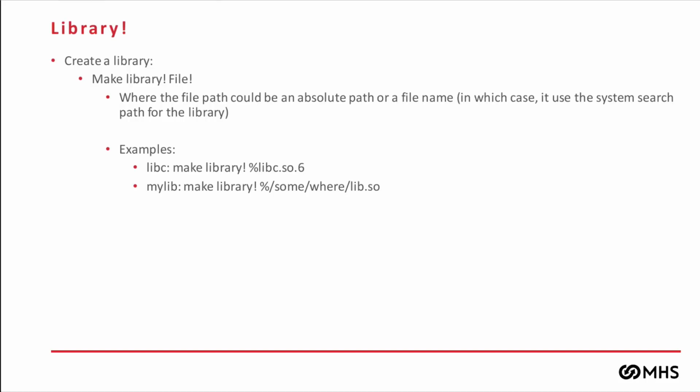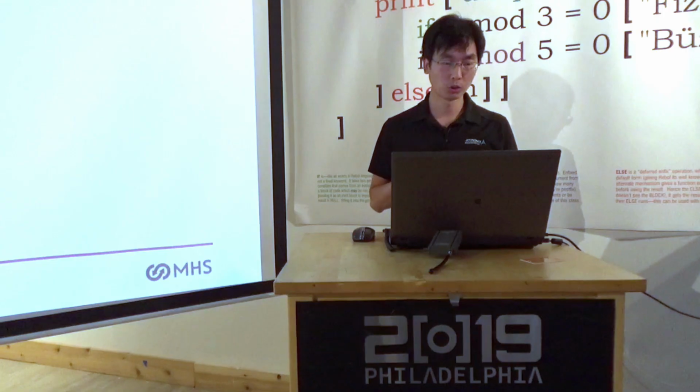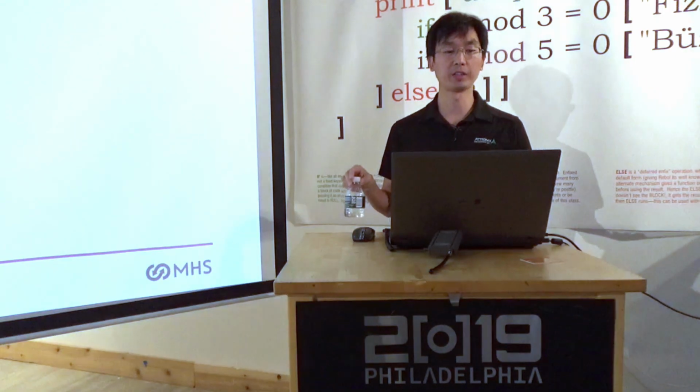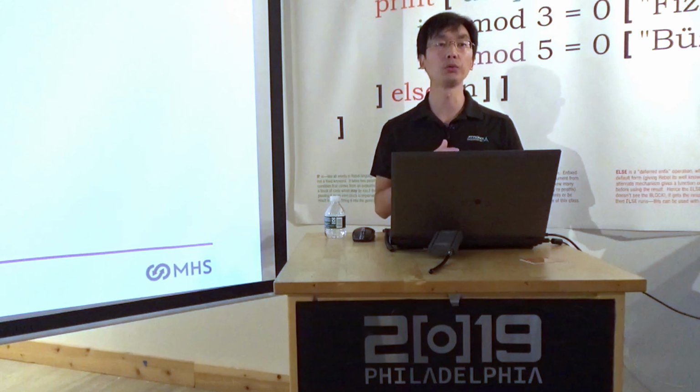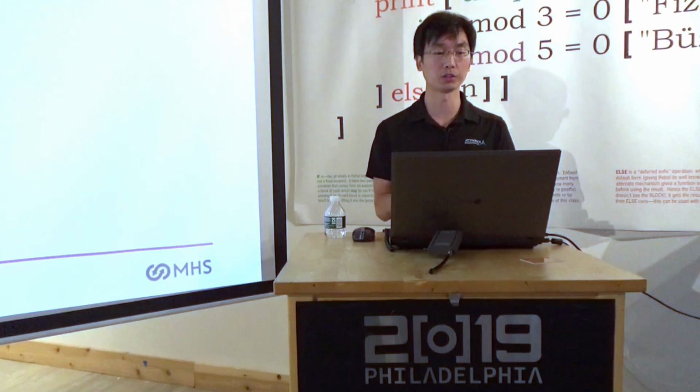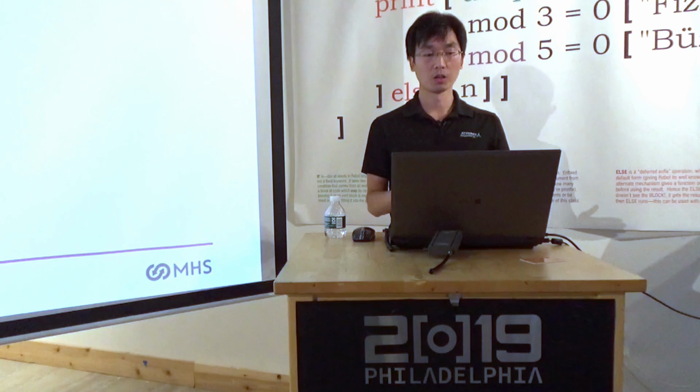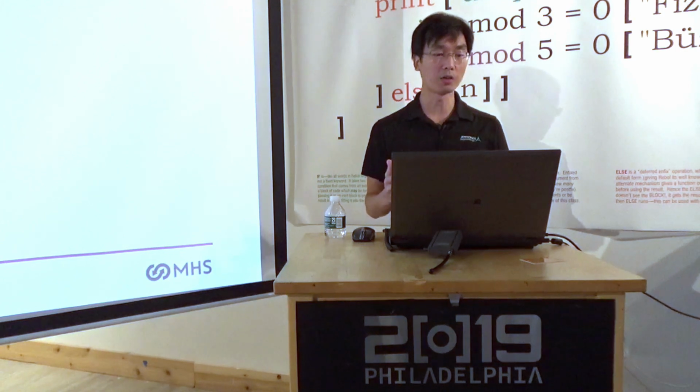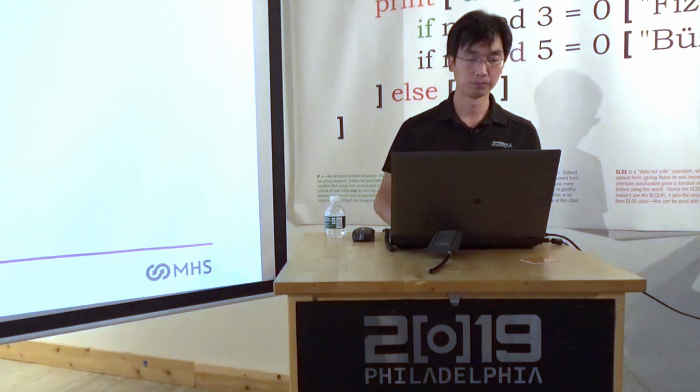Like here you can just do libc.so.6. It will search the system for this library. Or if you have your own library that you don't want to install into the system path, you can just put the absolute path to your file and it will load it for you.